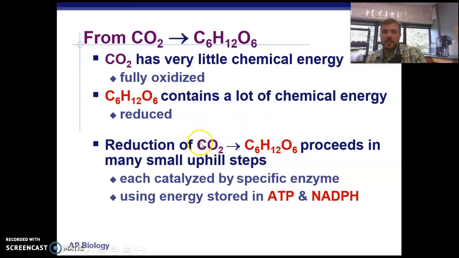That reduction from CO2 to glucose happens in a lot of small steps, and each of those steps is catalyzed by specific enzymes, which we're not going to get into except for one of them. And at every step, we're going to use energy from the light-dependent reactions, either ATP or NADPH, in order to drive the reactions.